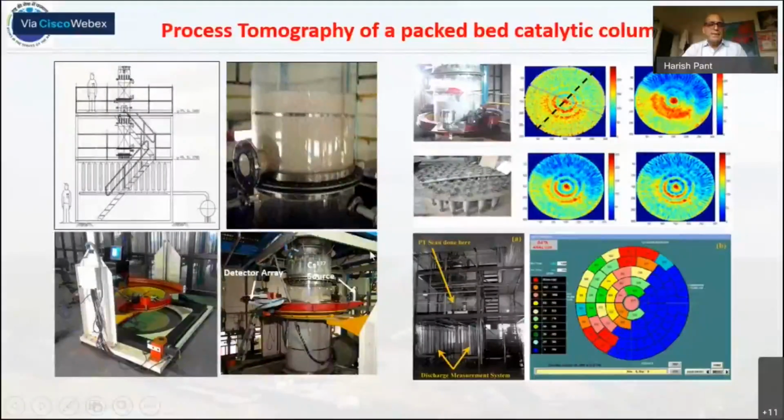BARC has developed one process tomography system using a cesium-137 source and detector. This is the arrangement, which is mounted on the periphery of this column. Here is the source and detector, and this rotates like this, and one can get the profiles and then reconstruct the images like this.